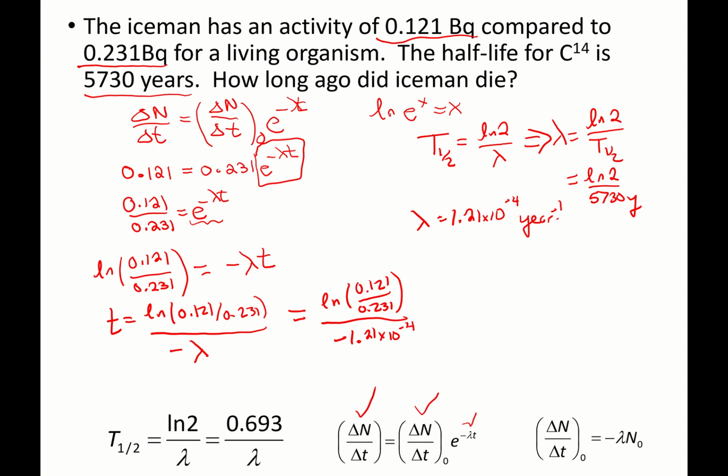So I've got a negative over a negative, which is going to give me a positive. I get 5,347 years. So just less than one half-life has been the time since the Iceman died. So that's the most complicated problem involving radioactive dating, is to do the algebra to rearrange to get the time out of the exponential function.